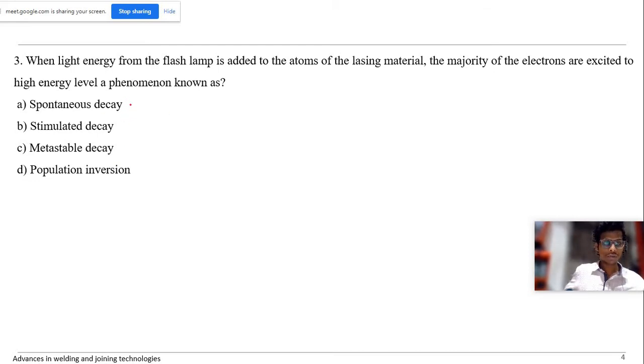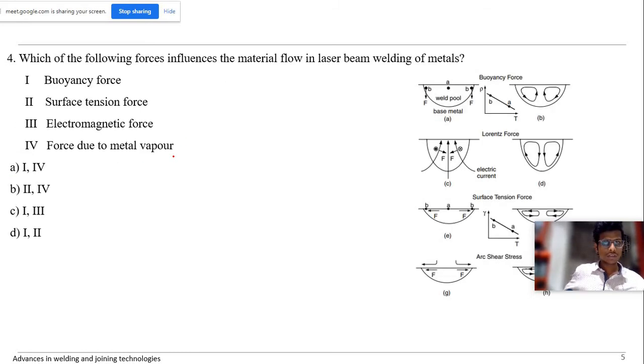This is not related to the laser. Actually, the answer is population inversion. Because of that, the electrons get excited to a higher energy level, a phenomenon known as population inversion. By definition itself, we should know that it's population inversion.